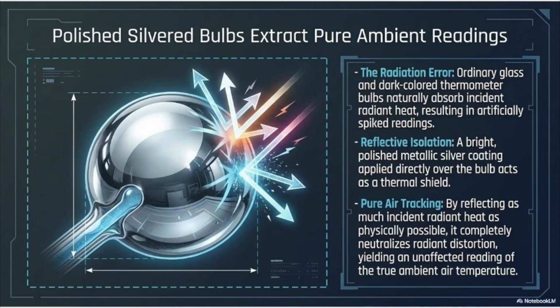The solution is reflective isolation, a bright, polished metallic silver coating applied directly over the bulb, which acts as a thermal shield. This allows for pure air tracking. By reflecting as much incident radiant heat as physically possible, the coating completely neutralizes radiant distortion, yielding an unaffected reading of the true ambient air temperature.